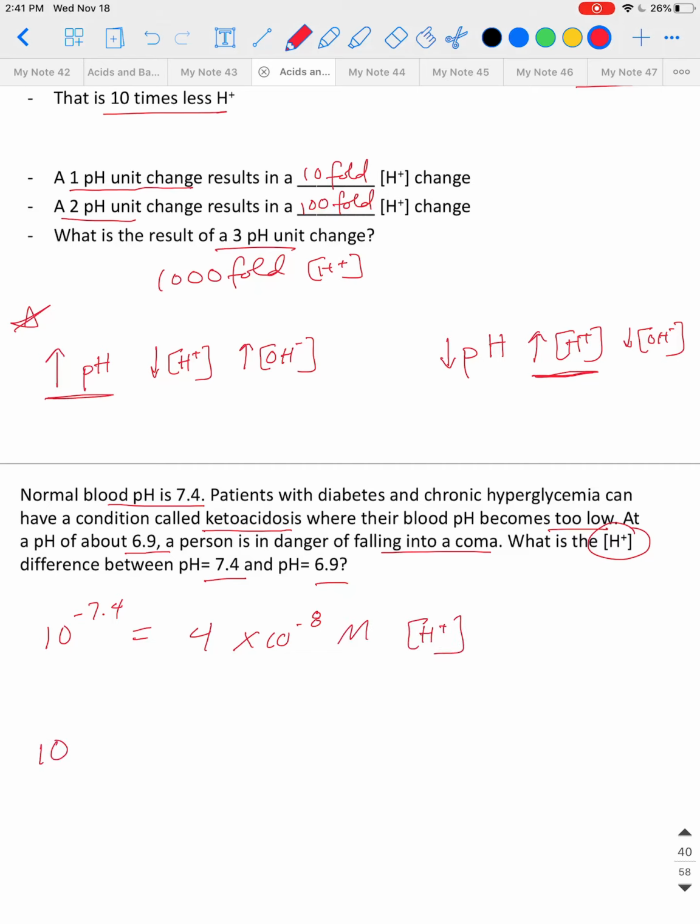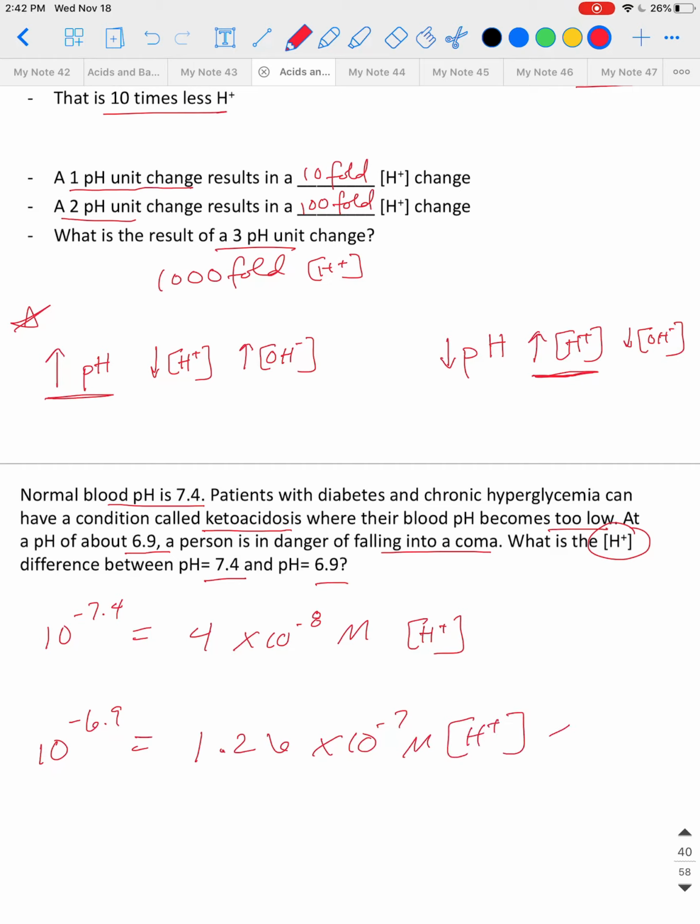And then for the second one, 10 to the negative 6.9 equals 1.26 times 10 to the minus 7.